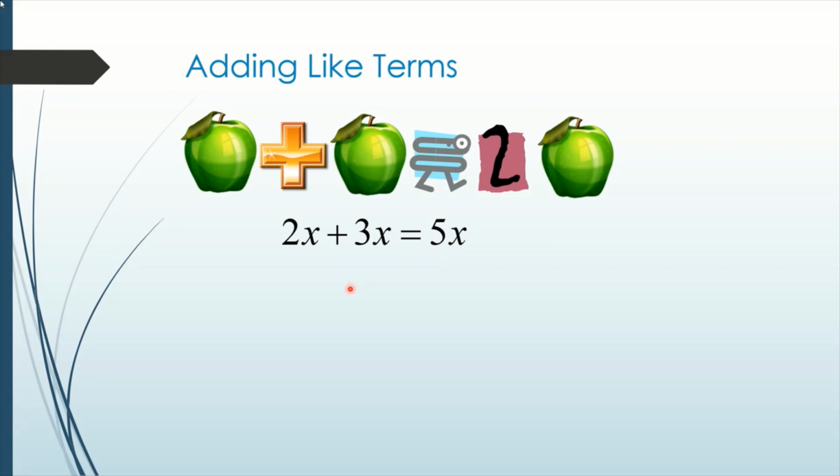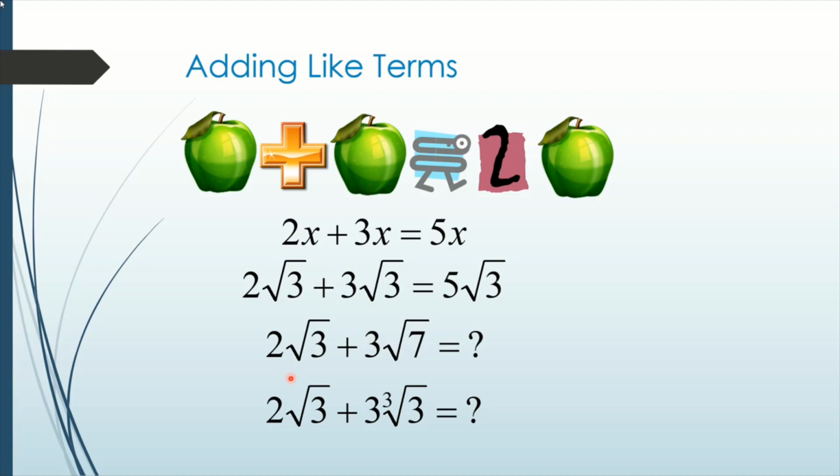You can do the same thing with radicals. If the numbers are the same here, that's like having x being the same, so they're like terms. So you would just add the coefficients. 2 plus 3 would be 5. So 2 square root of 3 plus 3 square root of 3 equals 5 square root of 3.